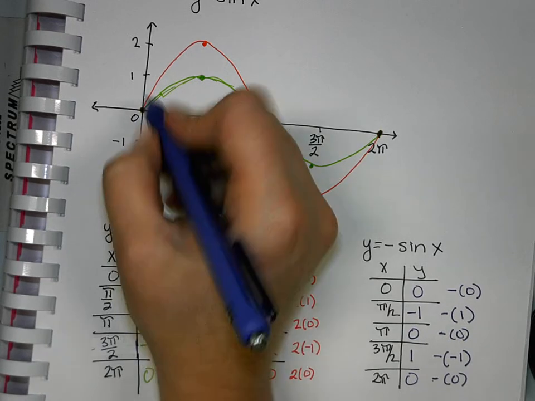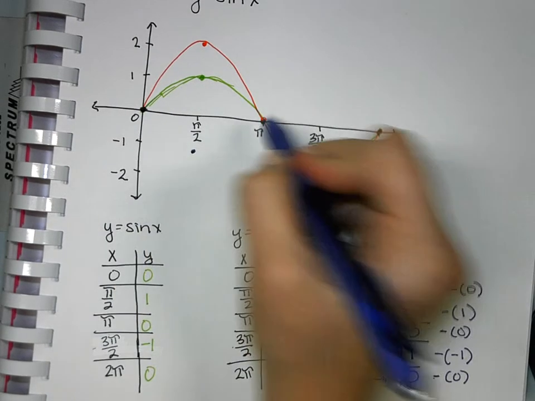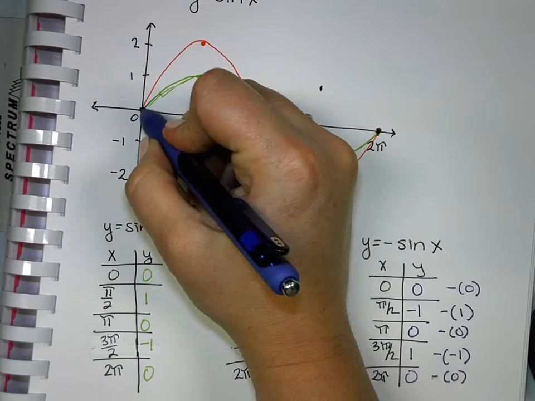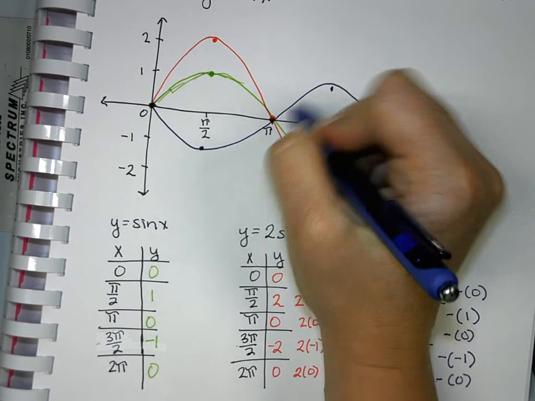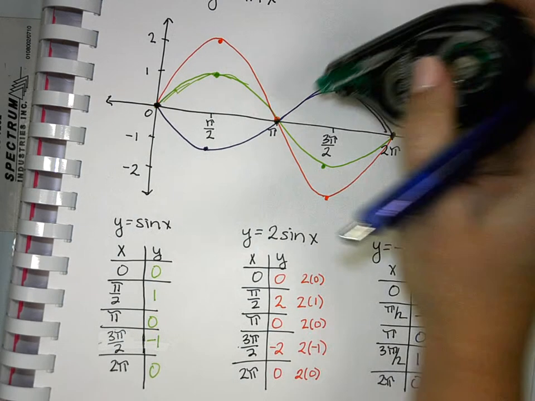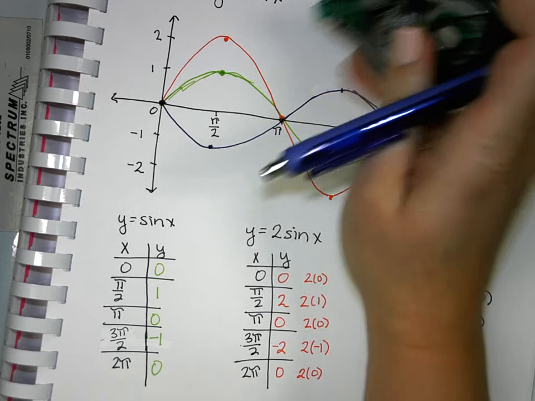So when we go to plot this one, what do we notice in comparison to the green one? So what changed?